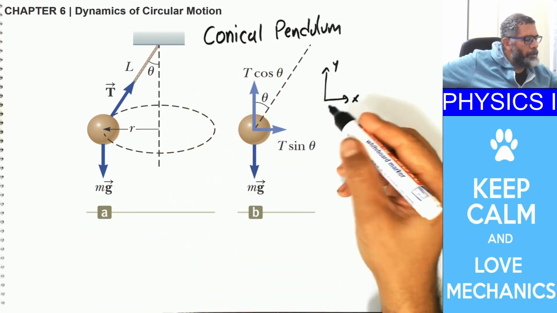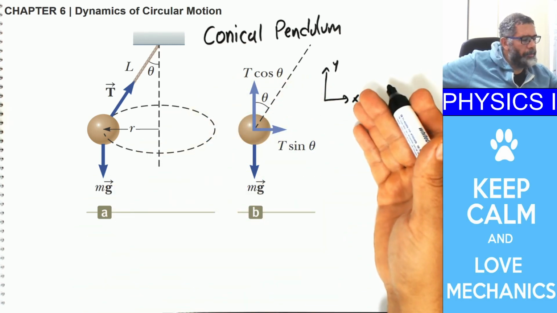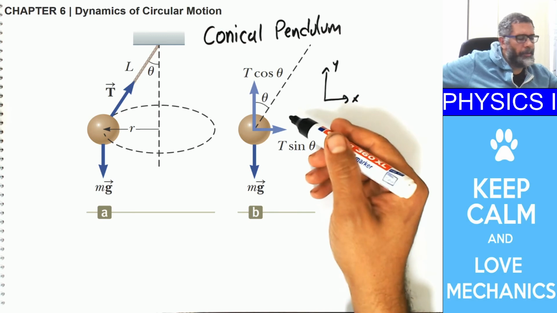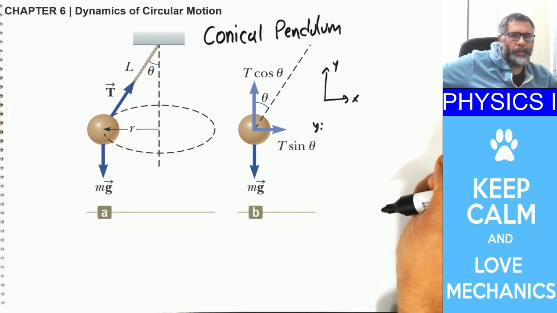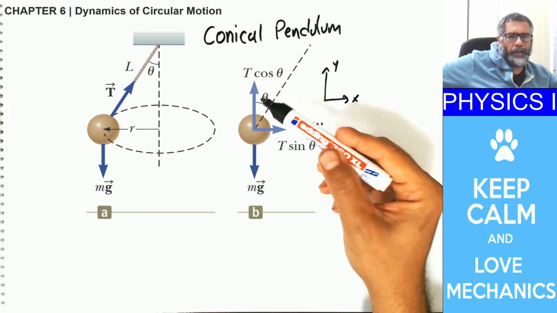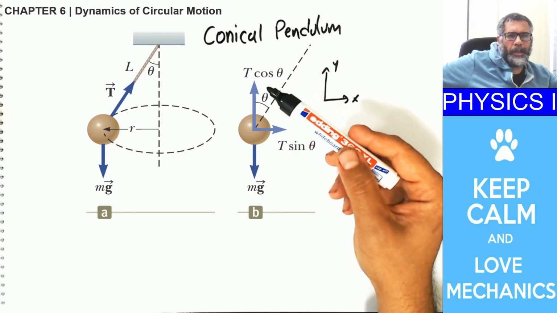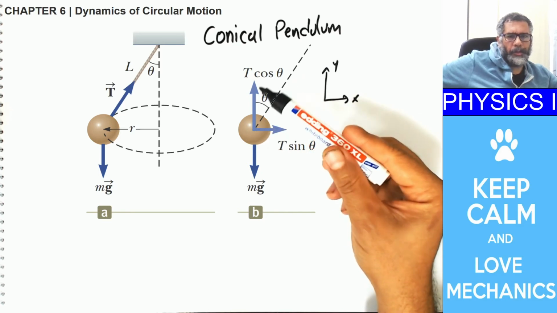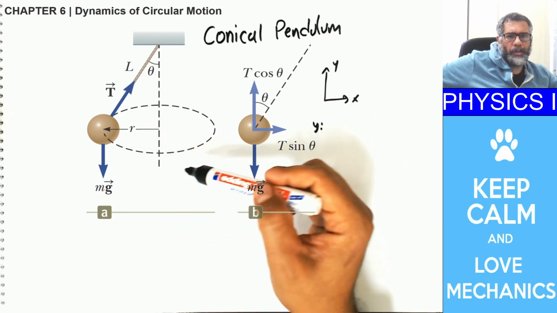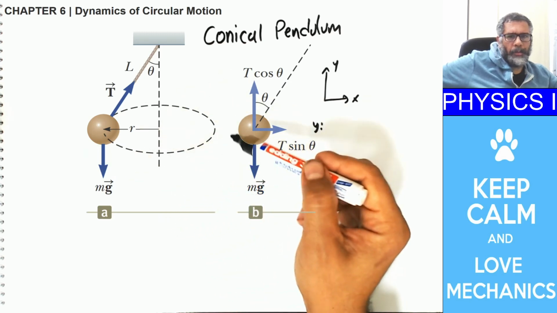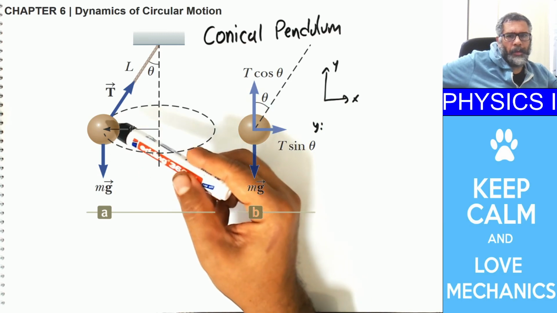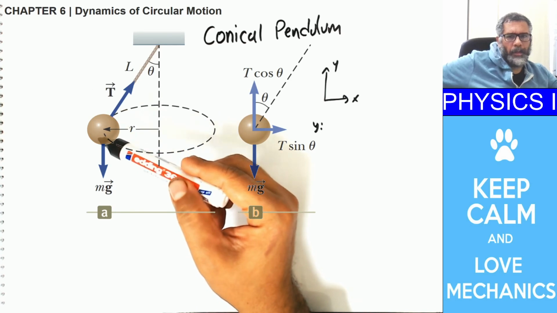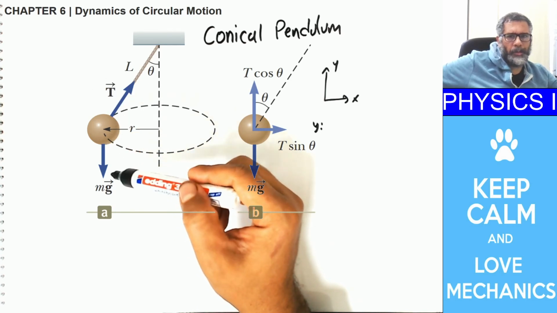If you write down Newton's second law for both directions, y and x, you will see that, let's write down for y, y being the vertical direction, there is no motion of the object in the vertical direction. It doesn't move upward or downward. The object is not going to move upward or downward, right?